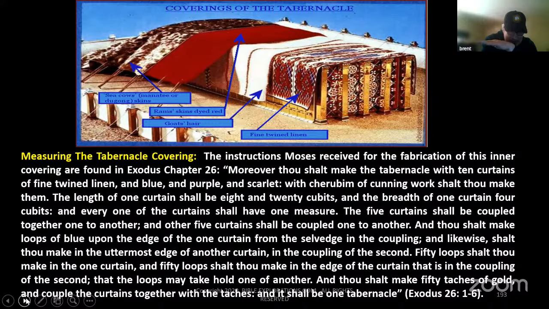This is the covering for what the Lord refers to as the sanctuary, or the tabernacle. That's the place where he will dwell, and where all these other things happen: the communion, the light, everything happens within this covering. So this covering is for the whole sanctuary, and is one covering, even though it's made of 10 parts.